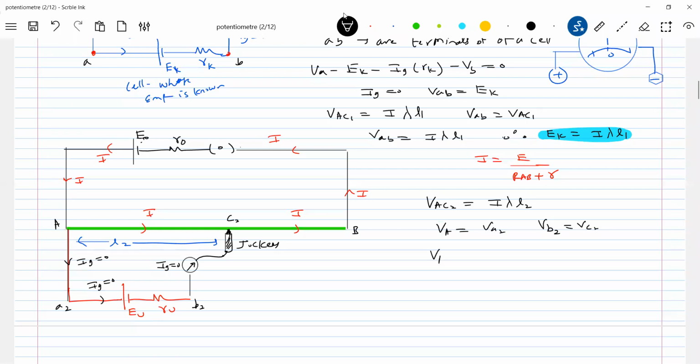All together, VAC2 should be equal to VA2 plus VA2B2. We'll write the EMF: VA2 minus EU minus IG into RU minus VB2 equals 0.